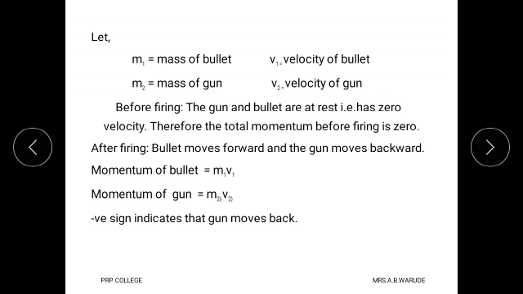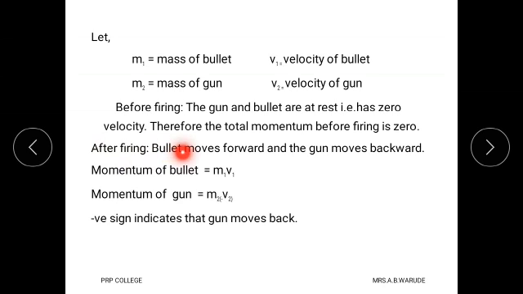Then we have to find the momentum, but here there are two conditions. First is before firing and second is after firing. Before firing, the velocity of the bullet and the velocity of the gun are 0, and when we find the momentum of the bullet and the momentum of the gun before firing, the momentums are 0 because the velocities are 0.